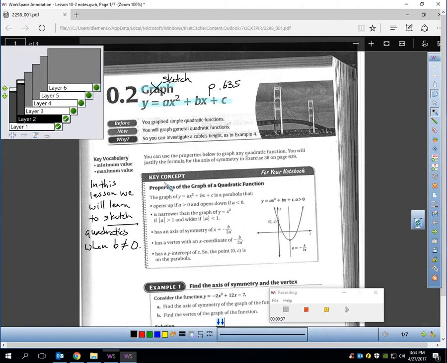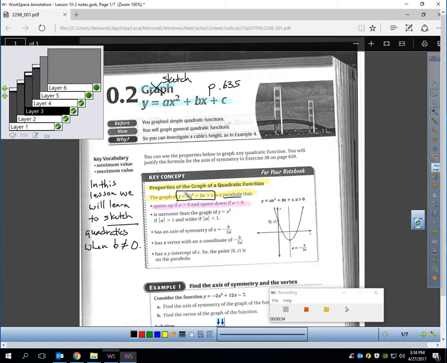Now, some of the things that you see here in the key concept box, properties of the graph of a quadratic, we've already learned. We've already learned that a quadratic has that form. We've already learned that a quadratic is a parabola. We've already learned that if the a value is positive, our parabola is going to open up.